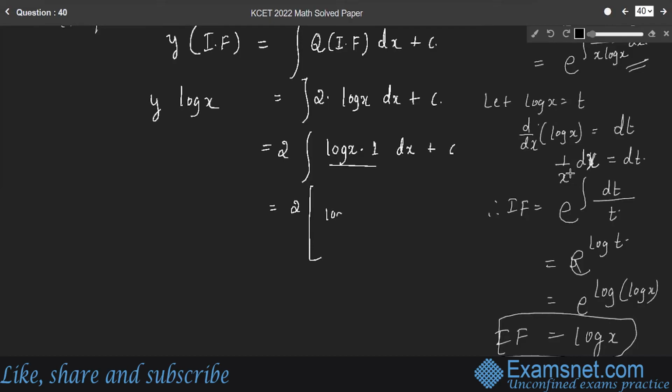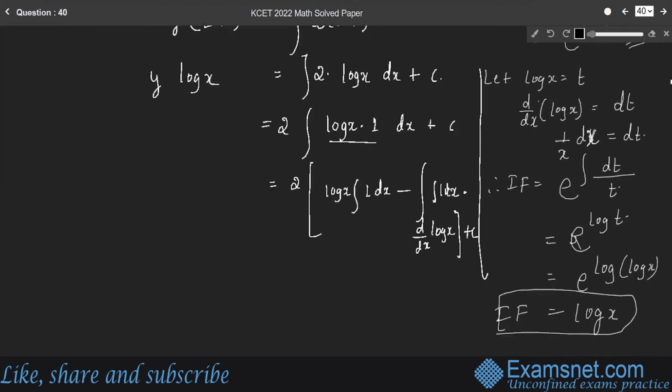So log x into integral 1 dx minus integration of integral 1 dx into derivative of log x plus c.